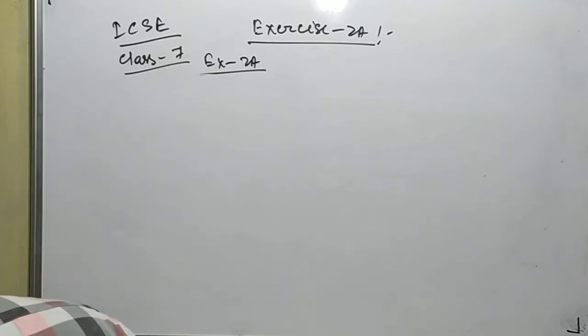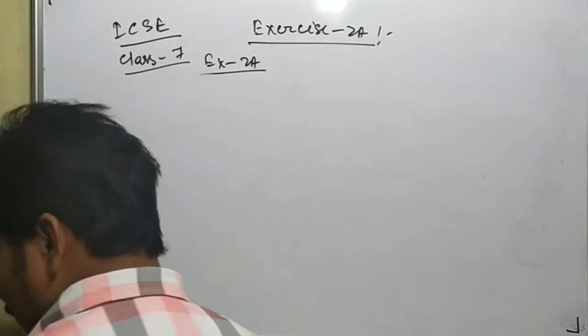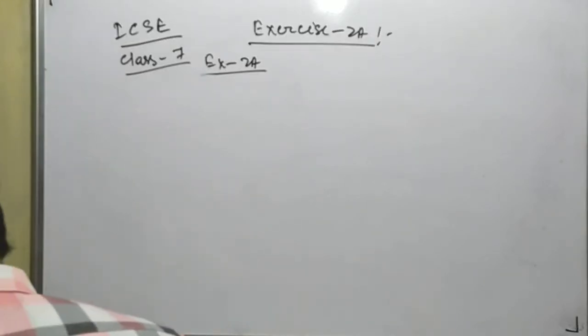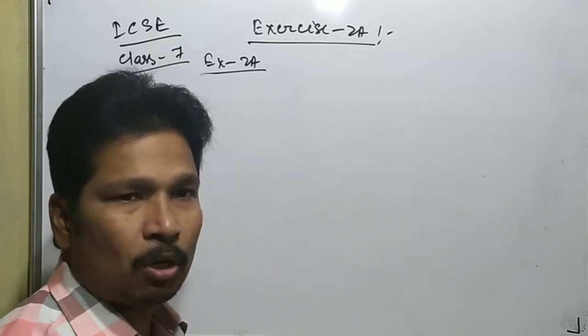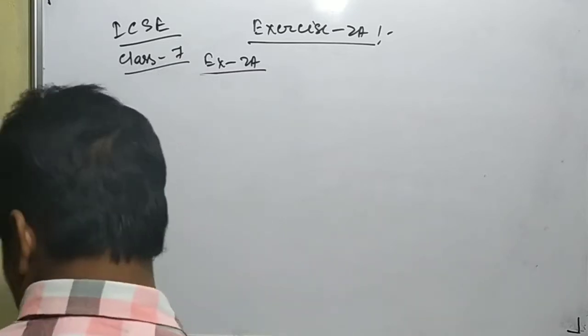Find 3 fractions equivalent to 5 by 7 and 7 by 9. In this question it is given to find the equivalent fractions of a given fraction.